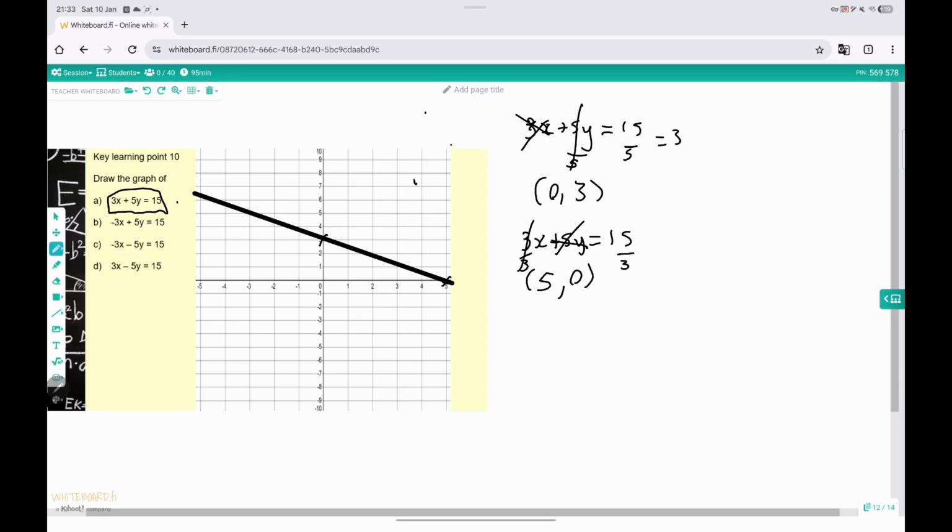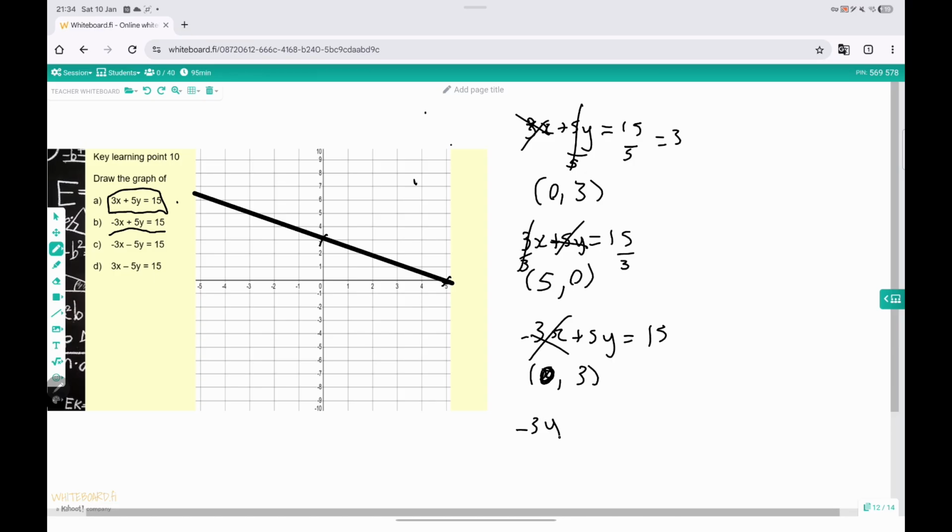Right, for the next graph, I've given the same numbers, by the way. So for this one, we've got minus 3x plus 5y equals 15, and we make x 0, then we end up with y equaling 3 again.